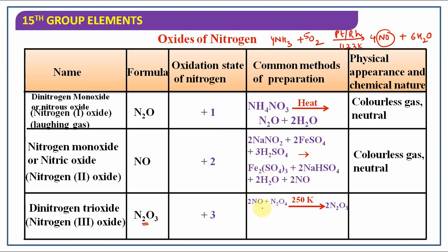Whenever NO combines with N2O4 at 250 Kelvin, it gives you N2O3, nitrogen trioxide. Similarly, you can prepare N2O3 by combining nitric oxide and nitrogen dioxide.